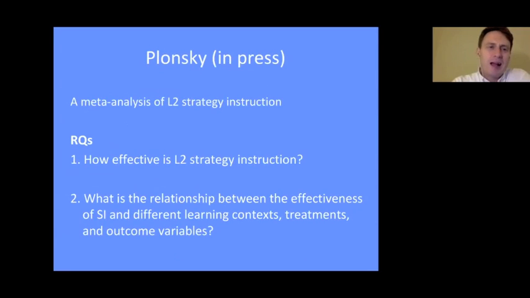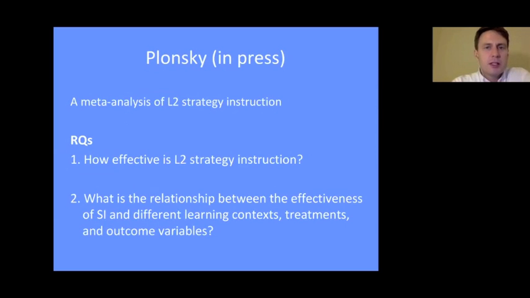Because of this condition in the literature, what I decided to do was what's called a meta-analysis. A meta-analysis is when you bring together in a really systematic, comprehensive way a body of studies. Think of it as a type of literature review or synthesis, treating literature review as a scientific endeavor as well.